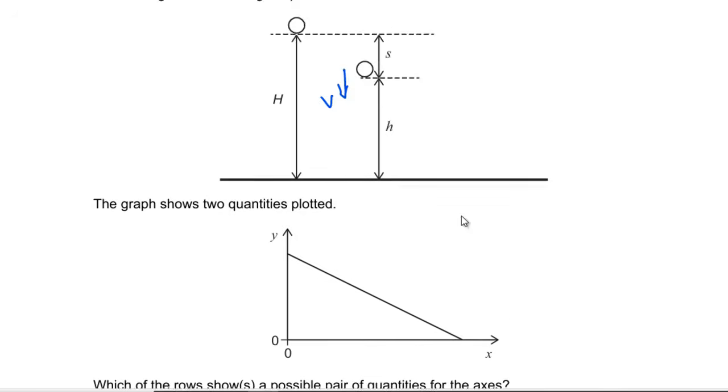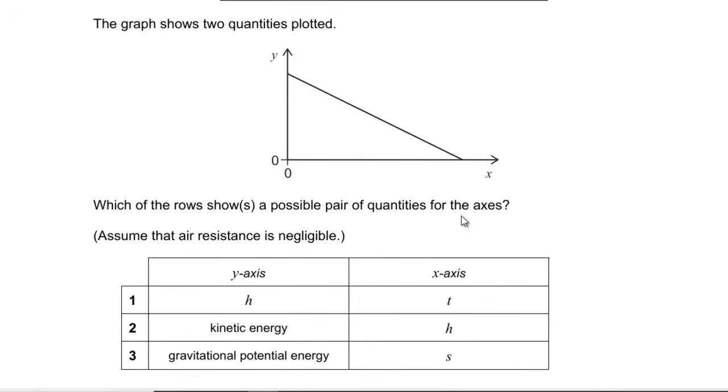Well, that isn't good. That's definitely not going to be 1, because we know that h is not proportional to t squared in this way. So it's definitely not going to be 1. Like kinetic energy and h. Yeah, I mean, that's going to work from energy transfer, isn't it? Because we've got our mgh going to our half mv squared. So if we're doing kinetic energy and h, kinetic energy is proportional to h. So that's going to be fine.